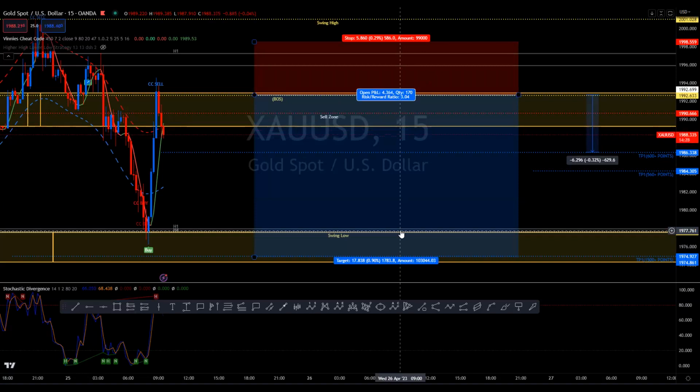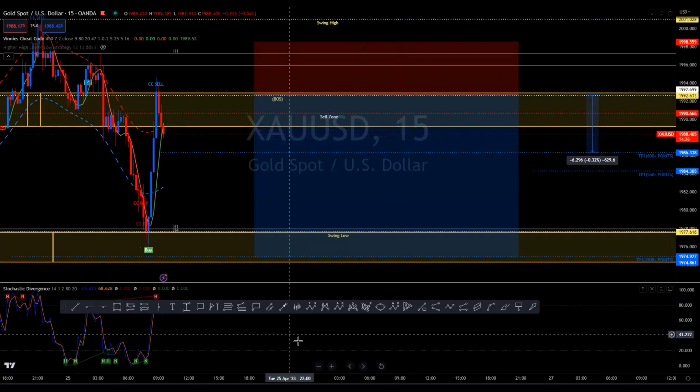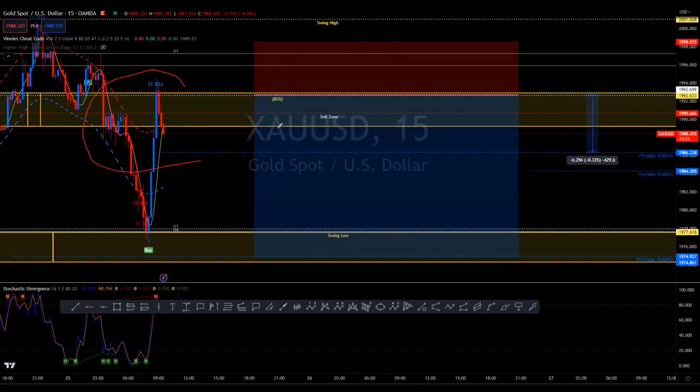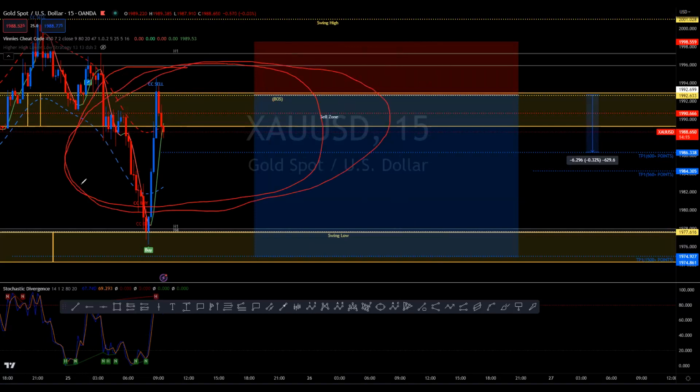The price might start dropping, but we're going to watch this price action. Let's wait and see. I'm probably going to wait for the next candle for sure.